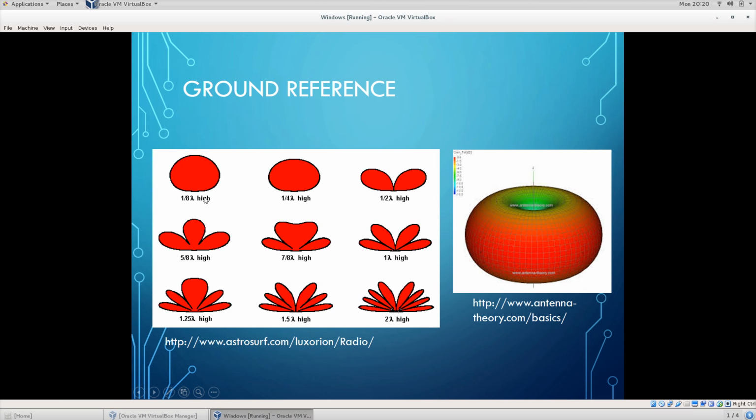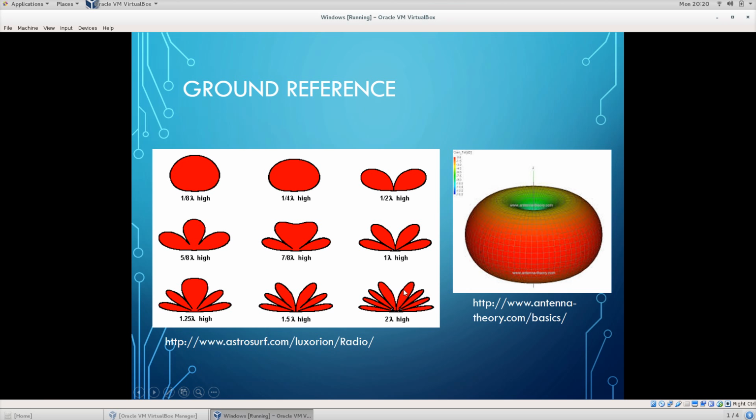So when it's an eighth of a wavelength off the ground, most of it's reflected up, and it kind of goes like this. Well, as you move it a little higher, a little higher, a little higher, you start getting these extra lobes in elevation, right? So this is instead of looking at it like we were before, which was around the center, we're now looking at it here.